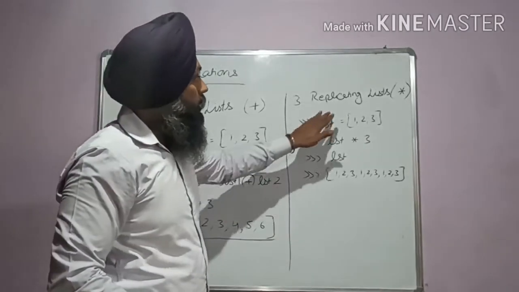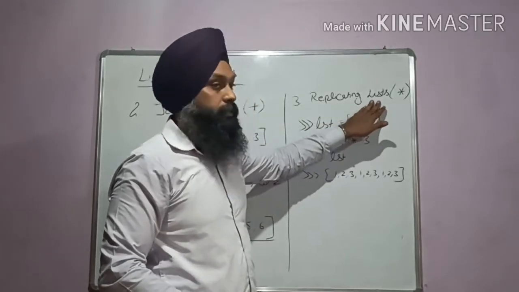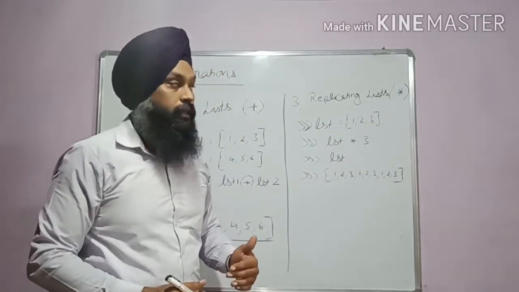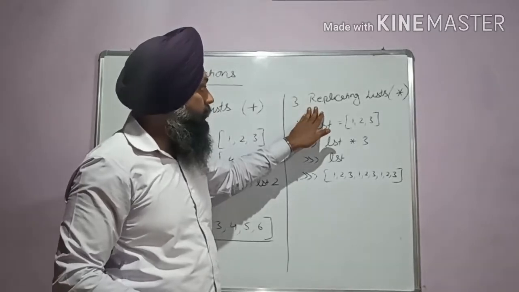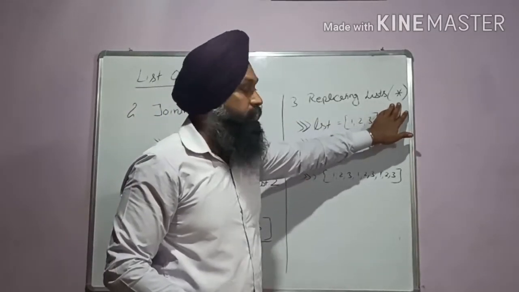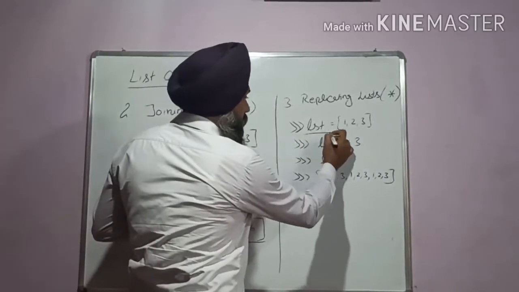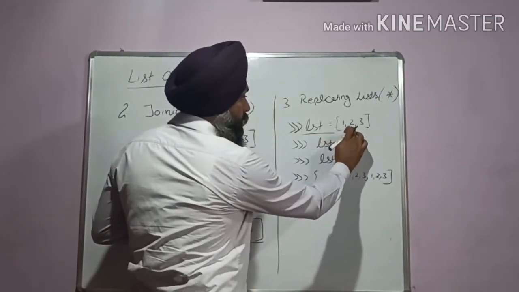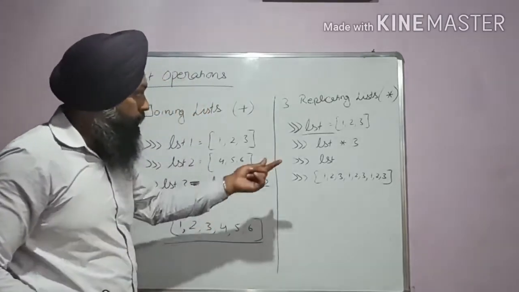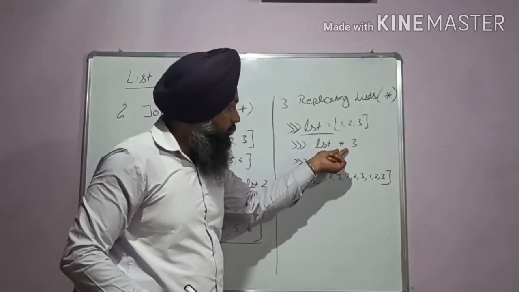Now we have replicating lists. Replicating a list means repeating the list. To replicate a list, we use the star symbol. Suppose we have a list having elements 1, 2, 3, and here we have written list star 3.